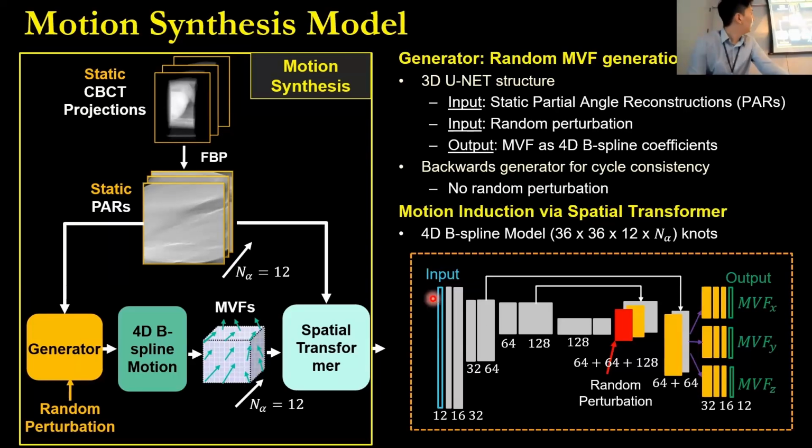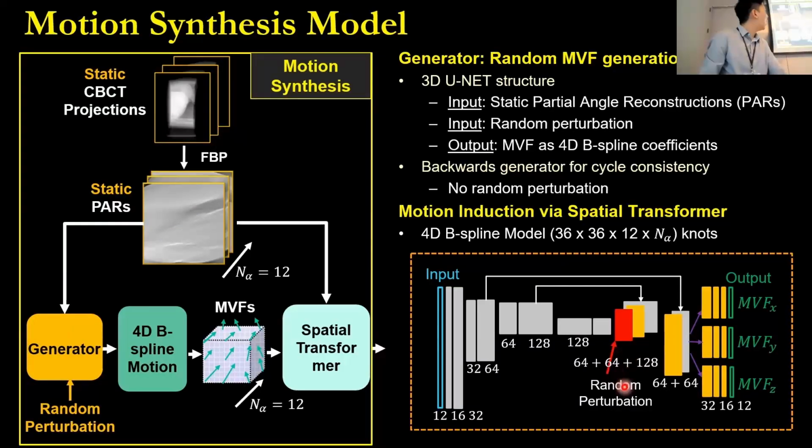We can look closer at the structure of our motion synthesis model. Our generator has a 3D U-Net structure with encoder and decoder branches. The encoder branch extracts features from the static partial angle reconstructions into feature maps.